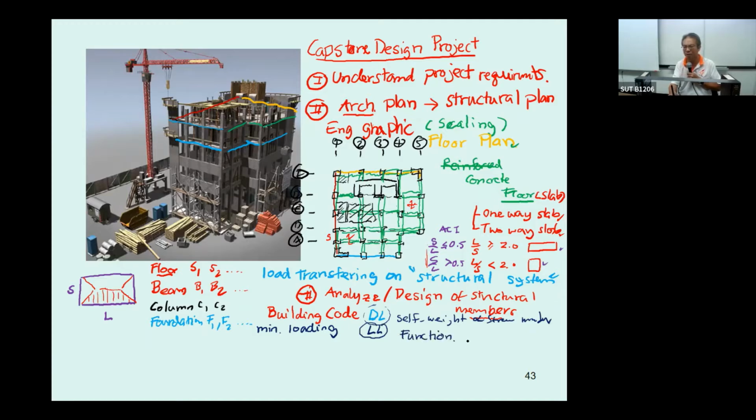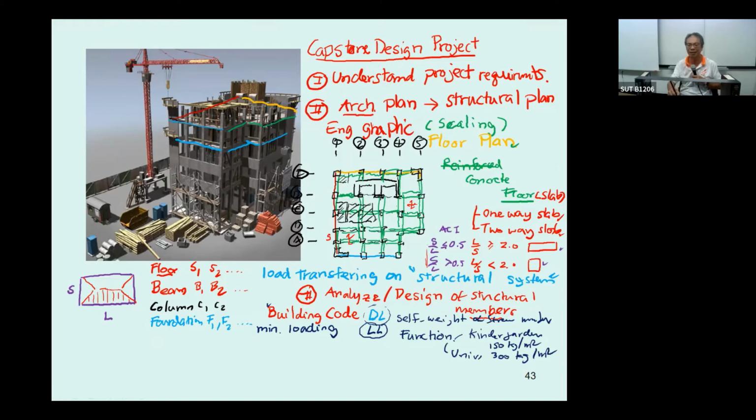For example, for a kindergarten, that is for kids, the building code requires at least 150 kilograms per square meter. However, if you design a university, the live load changes to at least 300 kilograms per square meter.